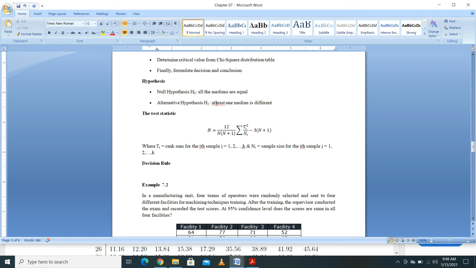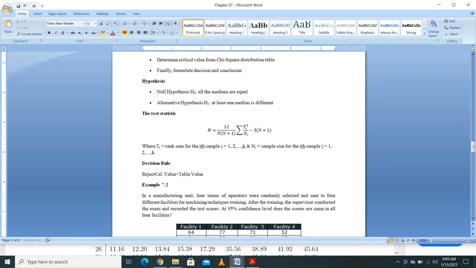There exists at least one median which is different. That is basically the alternative hypothesis. For the decision rule, you have to calculate your test statistic and, using the chi-square table, read the table value. If the calculated value or the test statistic is greater than the table value, you can reject H0.